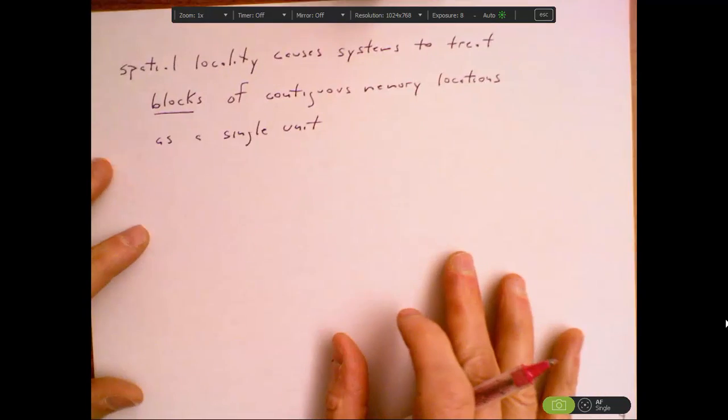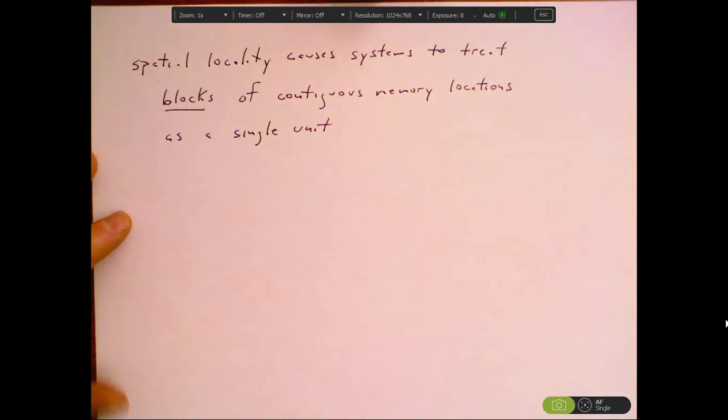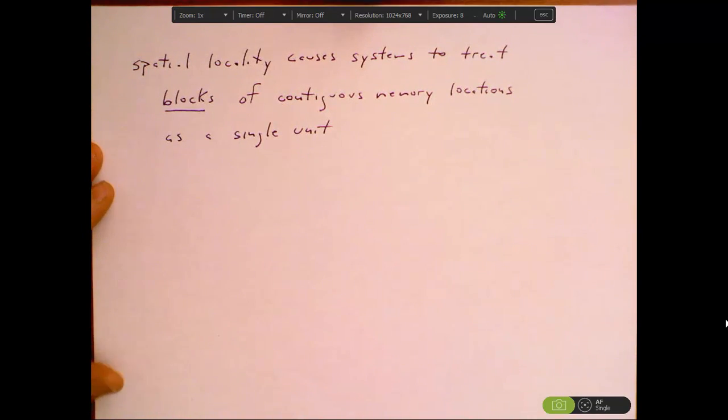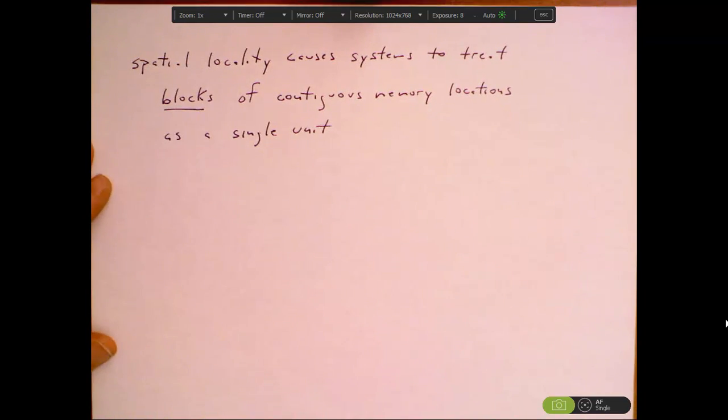One other thing we can discuss with regard to spatial locality is that it's going to cause the systems to treat blocks of contiguous memory locations as a single unit. Because, for instance, in an array, if we access the first item, we're likely to access the second item.